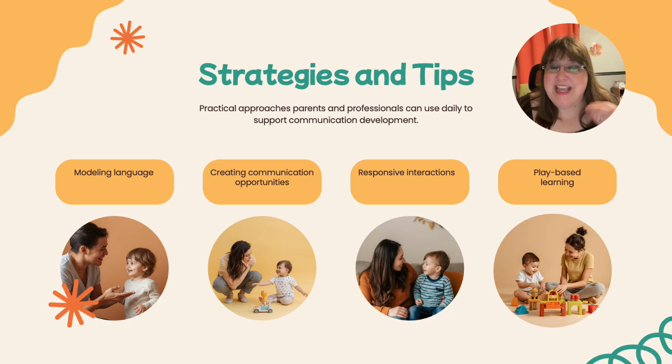Responsive interactions. Every time your child says something, respond back and expand on that, right? And then play-based learning. Play with your child. Oh, if I could just say one thing, play with your child. Play with them, play with them, play with them. Model what you're doing. Modeling what they're doing with language is so important.